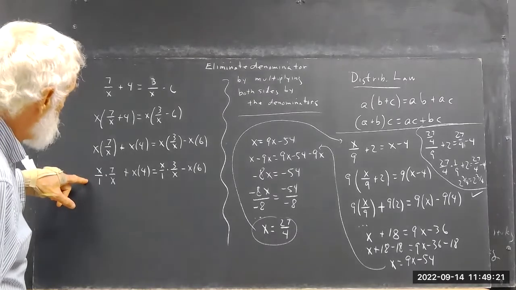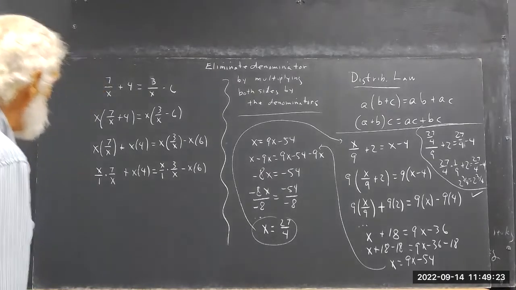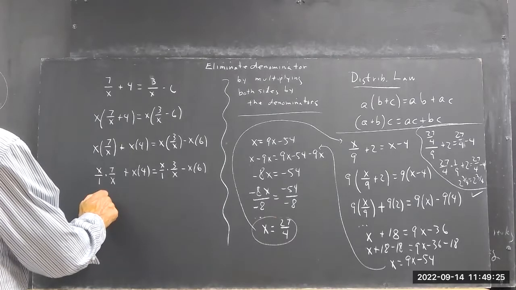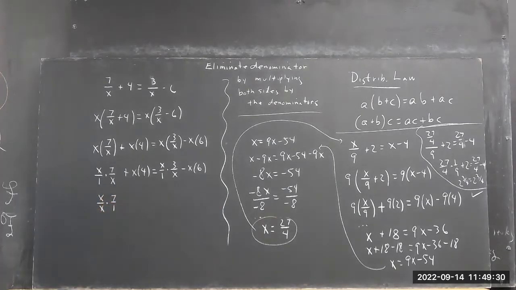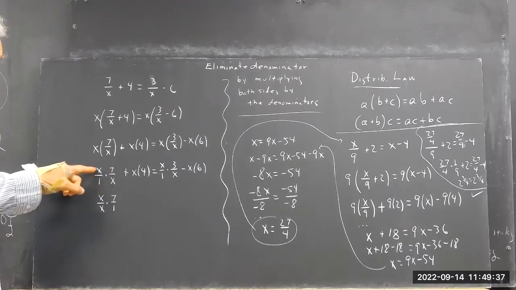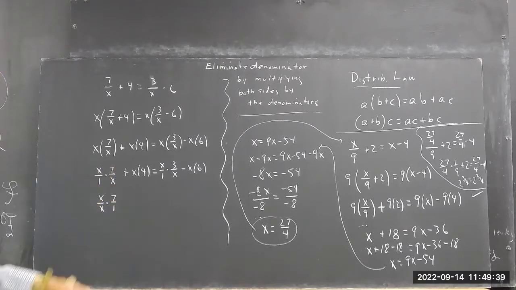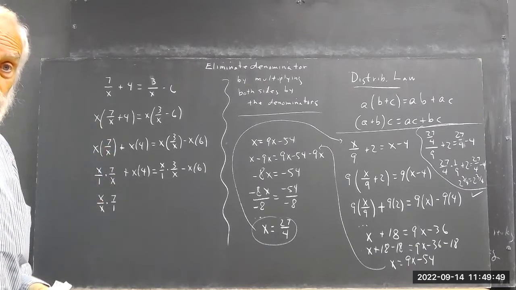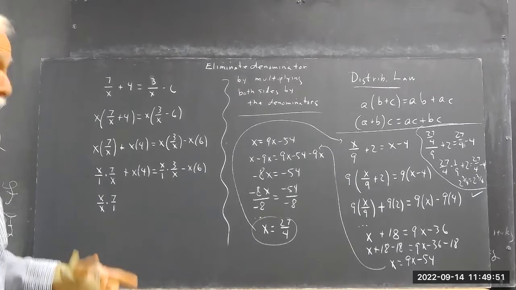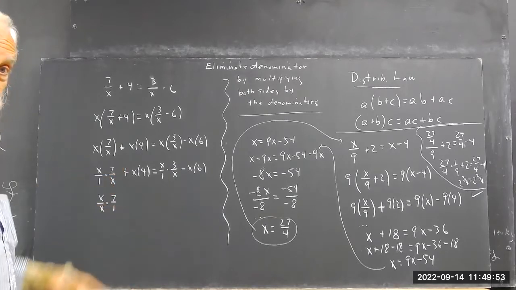Now, x times 7 over x is the same as x over x times 7 over 1. Why is that true? Well, if you multiply these numerators, x times 7, don't you get 7x? If you multiply these numerators, you get 7x, because in both cases, in your numerator, you're multiplying x by 7. So it's going to be the same whether you write it in this order or this order.